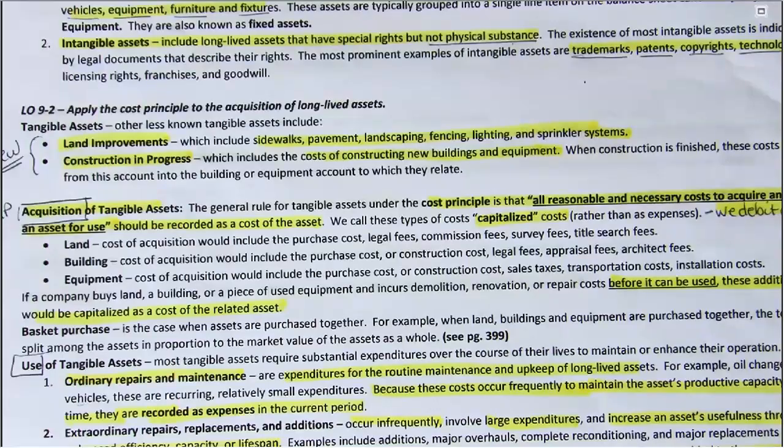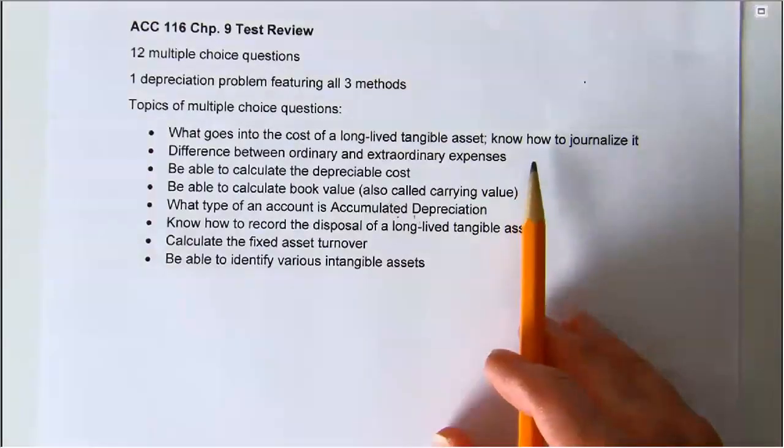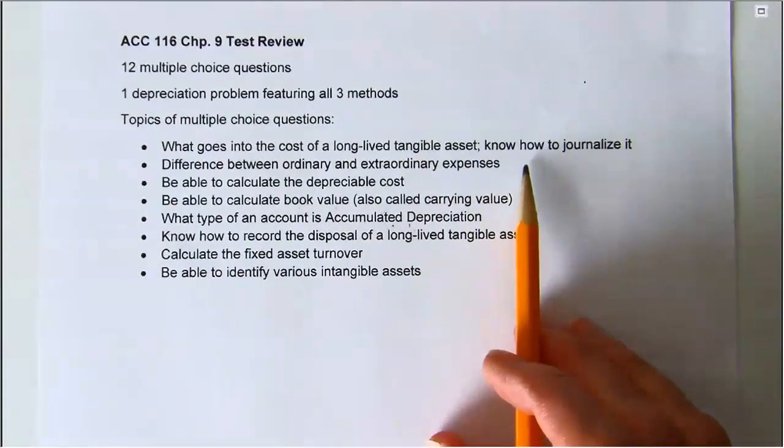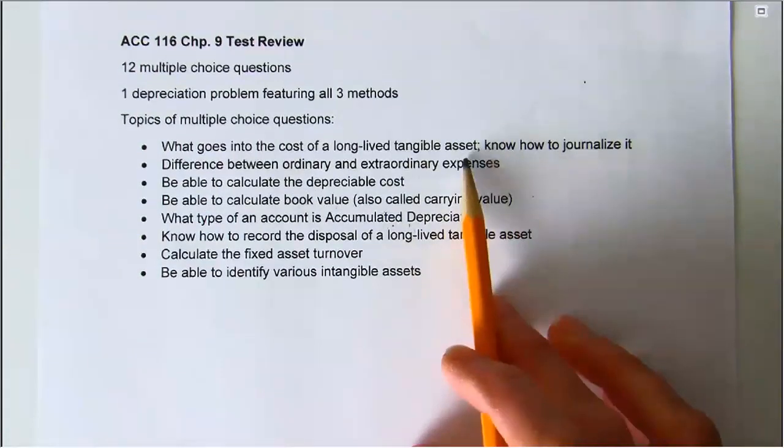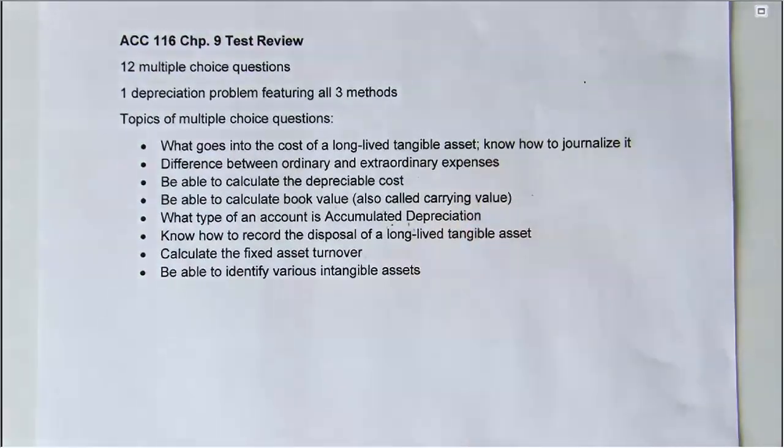So in terms of how to record it or journalize it, you actually did that back in chapter 2. Assets are on the left side of the accounting equation, so we left side or debit them. So if you buy land or building or equipment, we would debit those for all costs necessary to buy them and then get them ready for use. What do we credit? It depends. You might be making a down payment in cash. So if you're buying assets worth $10,000, you would debit that maybe equipment account, $10,000.